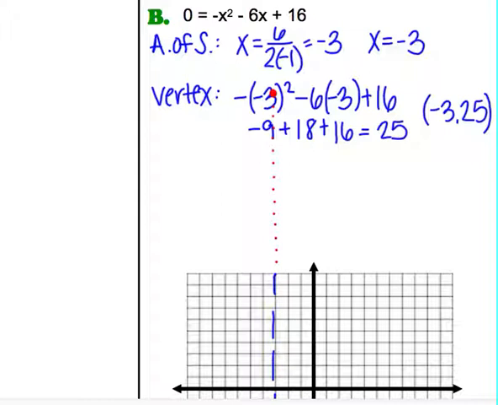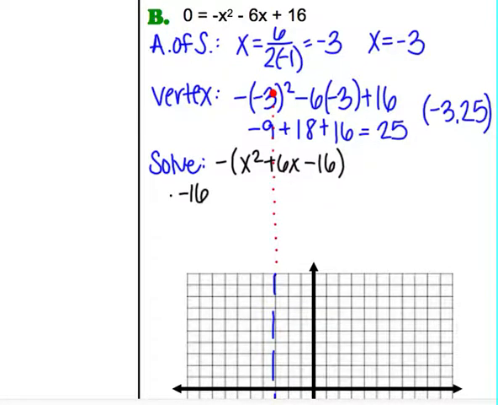Then we're going to solve. So first thing we're going to do is factor out that negative, so then we have x squared plus 6x minus 16. Make our t-table. We need to multiply to -16. We need to add to 6. And I get here that this should be 8 times -2, because 8 plus -2 gives me 6.